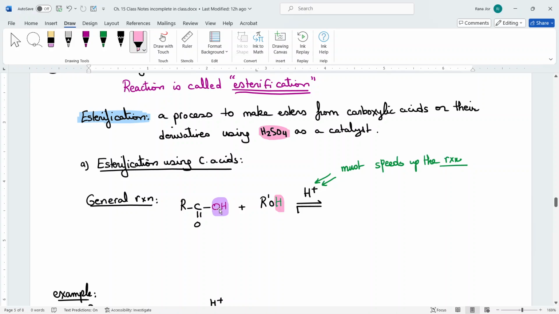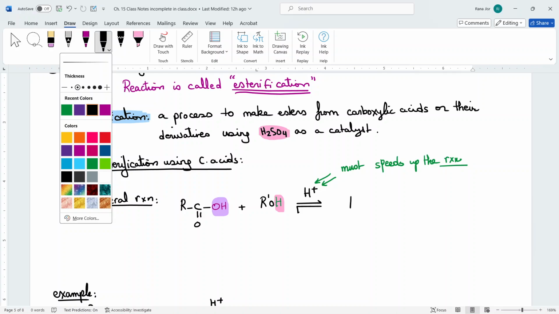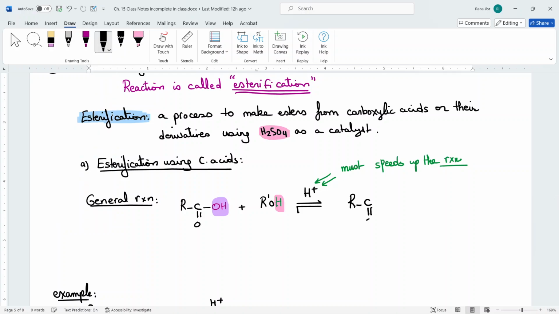The acid loses an OH, so I'm going to form water as my byproduct. And then the remaining parts, I am going to just put them together. So the oxygen there, I'm just going to bond it with the carbon of the carbonyl. So my product here is going to be an R, C double bond O.